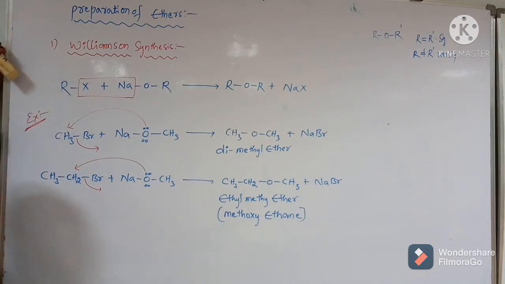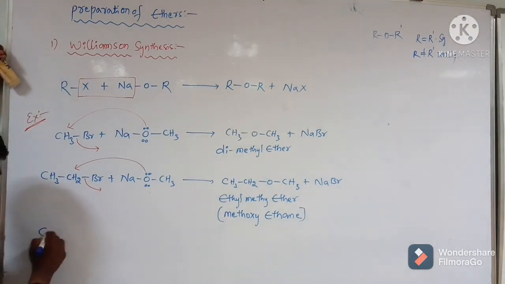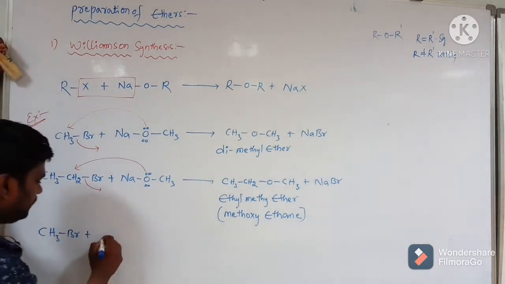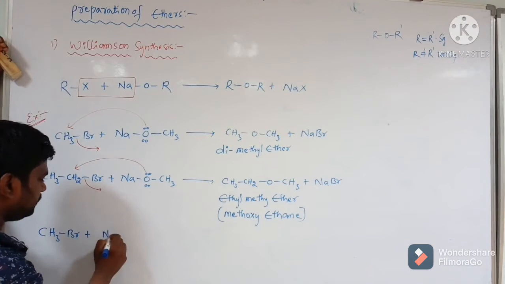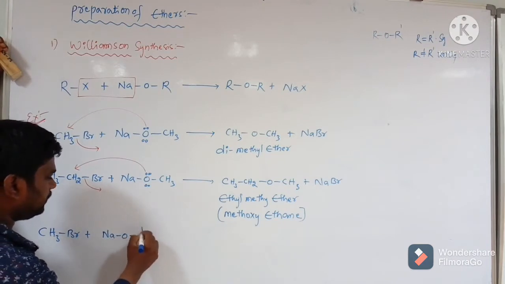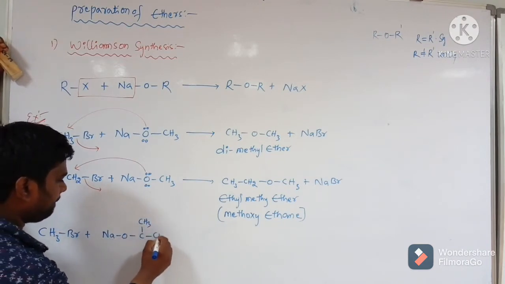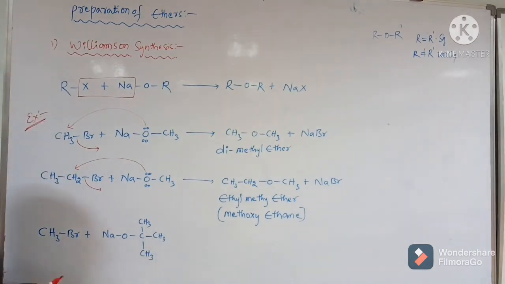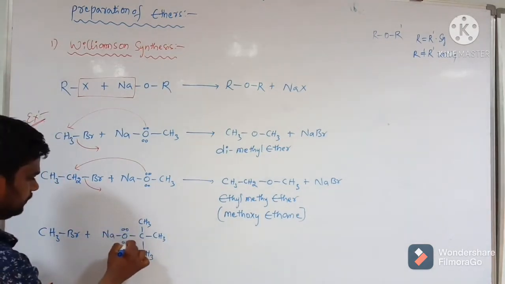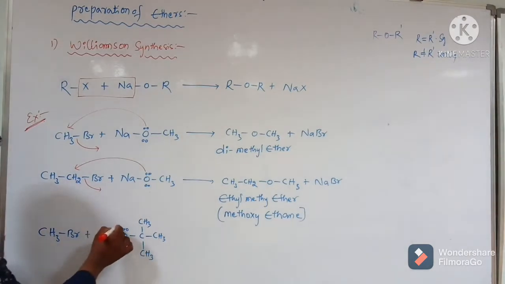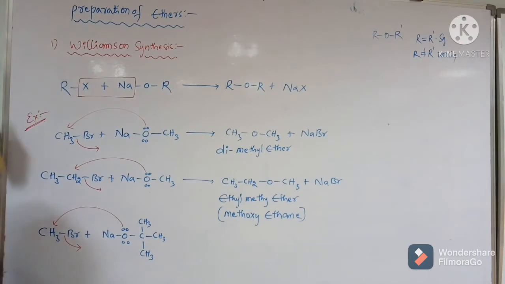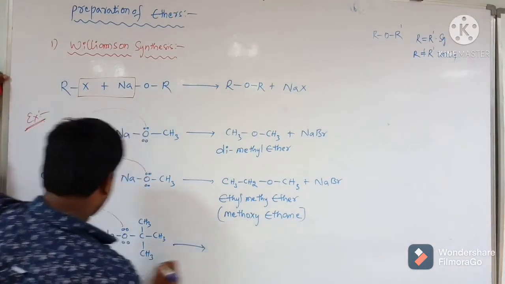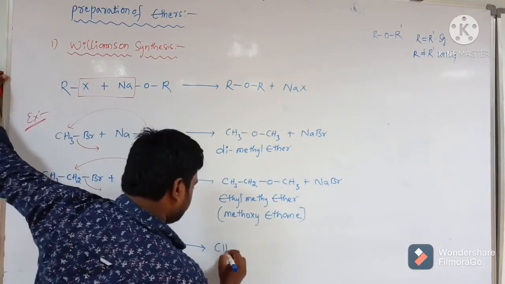Also we take CH3Br and sodium alkoxide. By this substitution, the SN2 process takes place. This type of mechanism is involved with primary alkyl halides only.